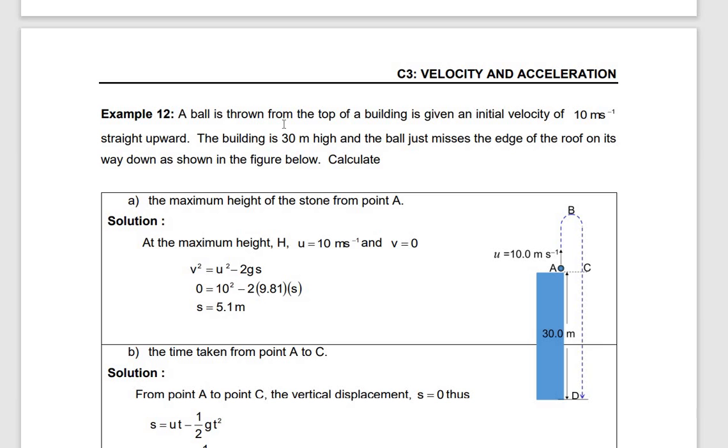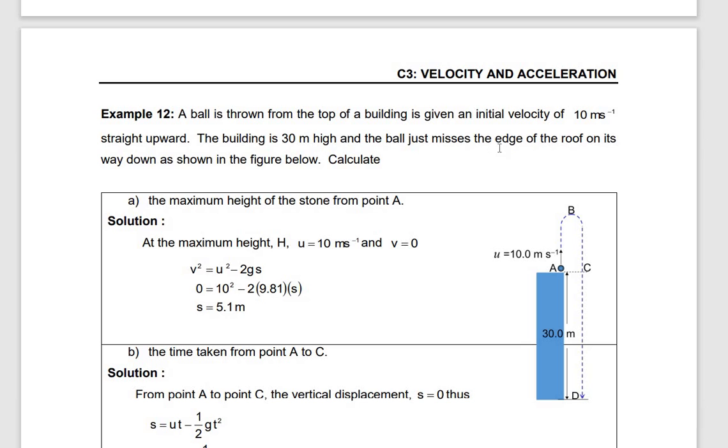A ball is thrown from atop of a building with an initial velocity of 10 meter per second straight upwards. So dia akan baling ke atas dengan laju 10 meter per second. Okay, the building is 30 meter high. Building ni daripada ground sampai ke titik A tu dia 30 meter.